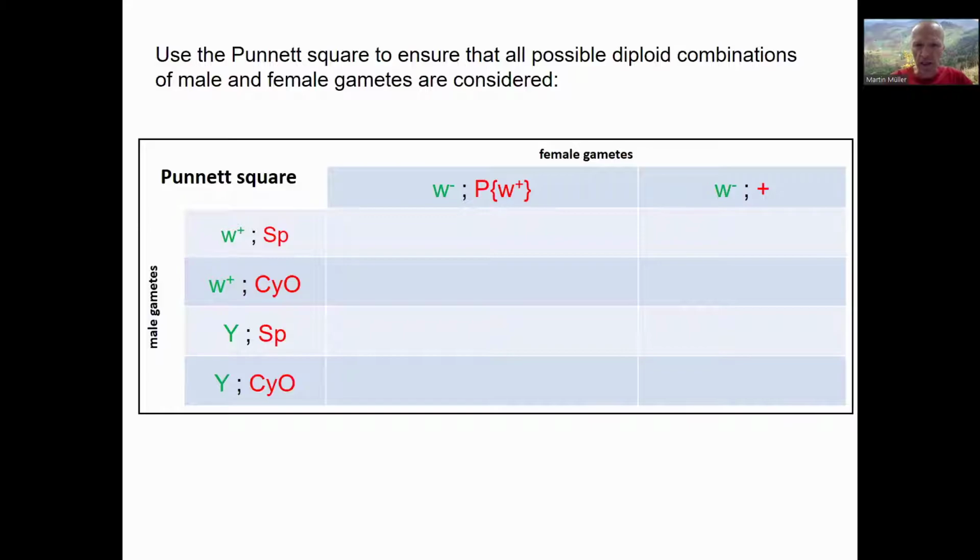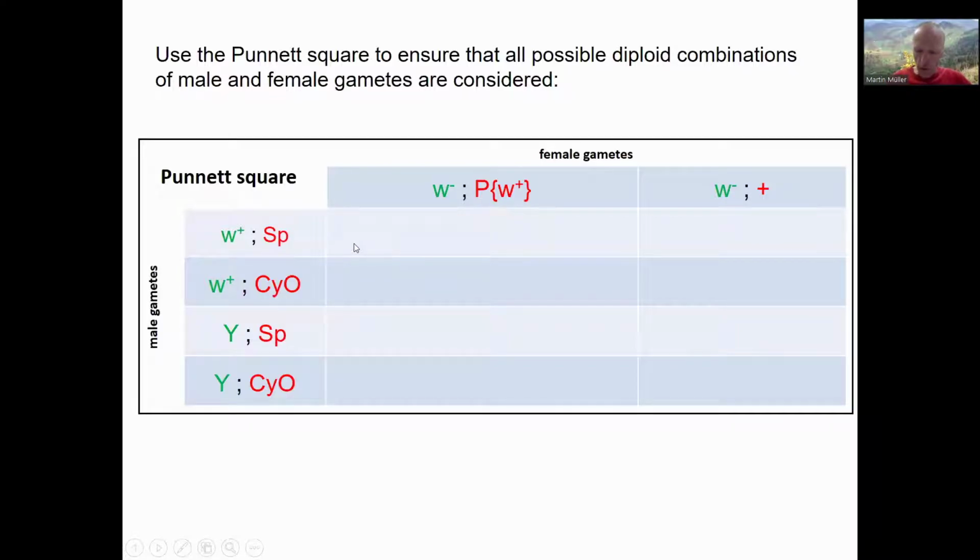So it's a simple matrix where on one side you have the genotype of the haploid female gametes, so white minus transgene, white minus no transgene. And on this side here, you fill in all the meiotic products which are produced in the male testis.